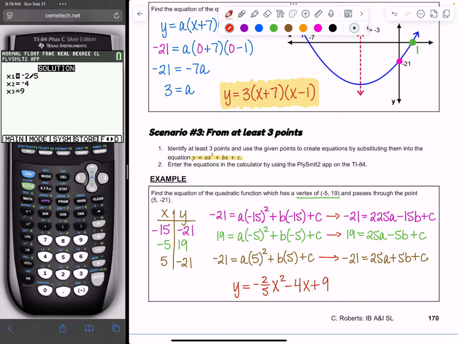And remember, this is all because I put these 3 equations into the PolySimul 2 app. Make sure I write that down. And then I got that the values of A was negative 2/5, B was negative 4, and C was equal to 9. And this is how I was able to get my equation here.